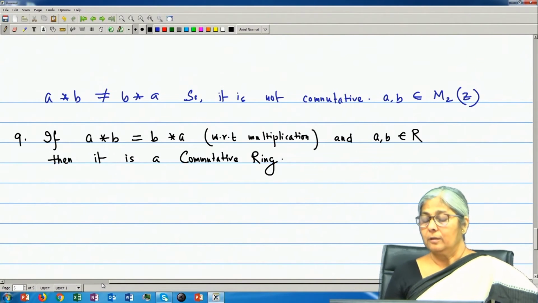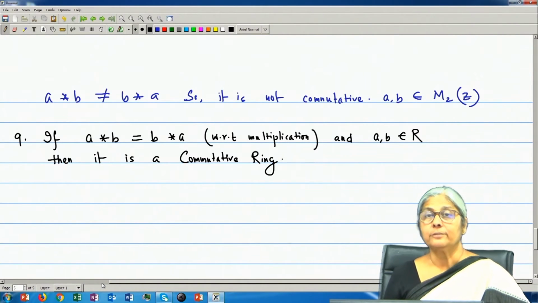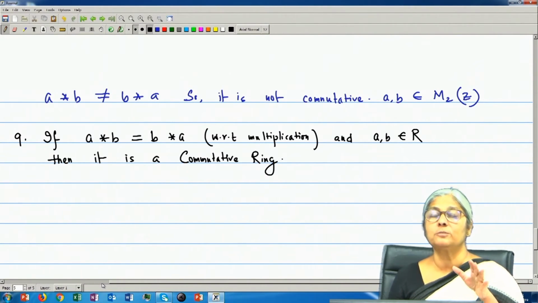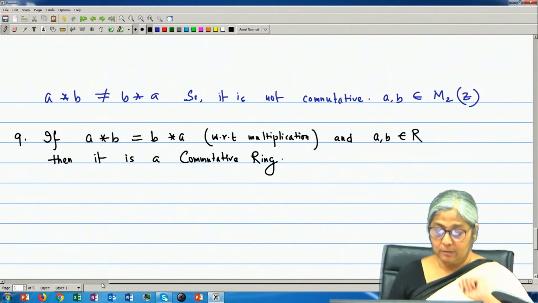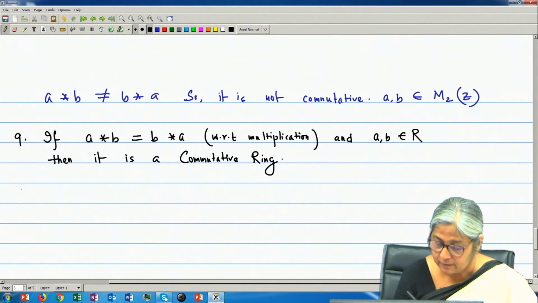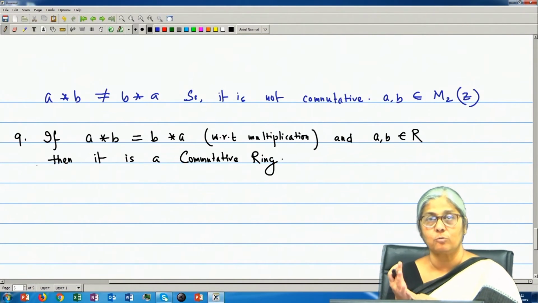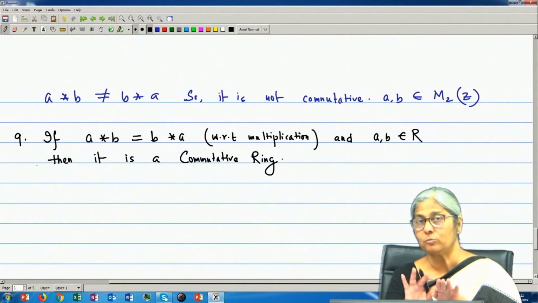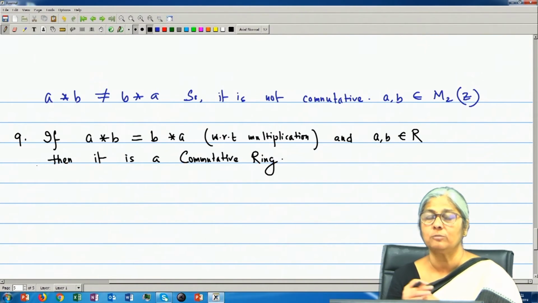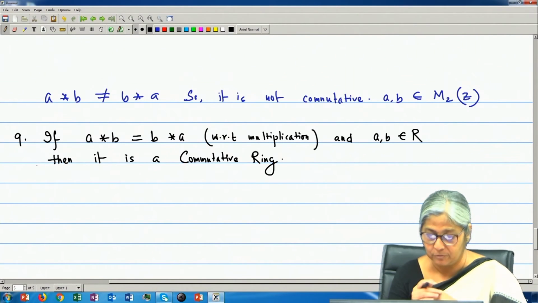Now, if we add some more properties with respect to multiplication. So, with respect to multiplication we have considered closure, we have considered associativity, and with respect to both addition and multiplication we have considered the distributive properties.